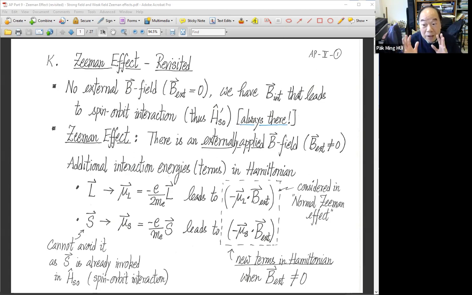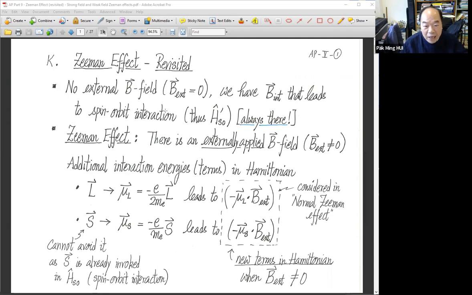It turns out not to be difficult at all. In that discussion before, we ignored the spin. But now we know that spin is really there. So include spin into the Zeeman effect. Okay, so that is the idea. We will do it again within our Schrödinger equation plus extra term and perturbation theory approach.